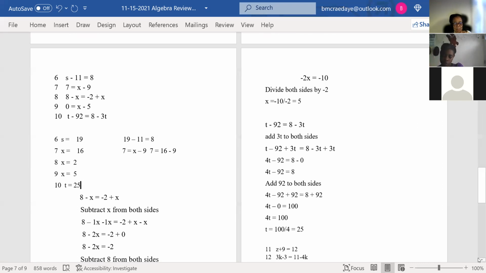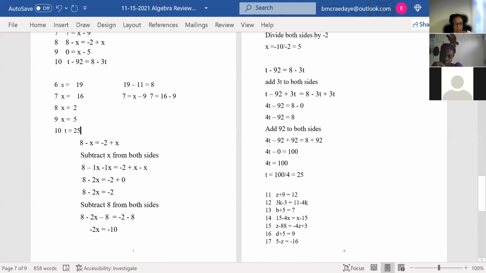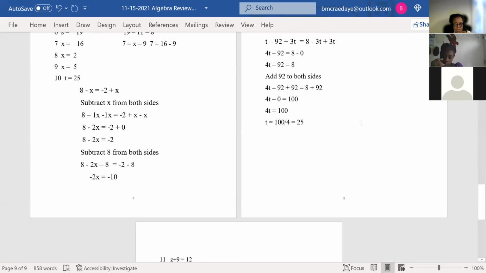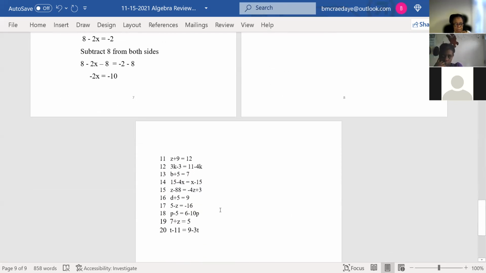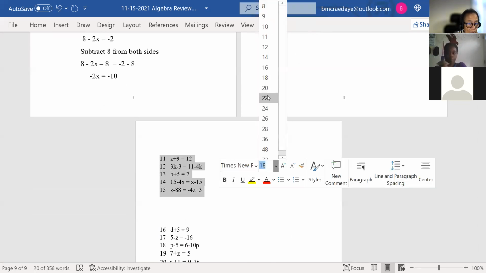Let's do 11, 12, 13, 14, 15. Put these on the next page. All right, let's scroll down. 11, 12, 13, 14, 15. I want you to do those. And this one, let's make that 22.